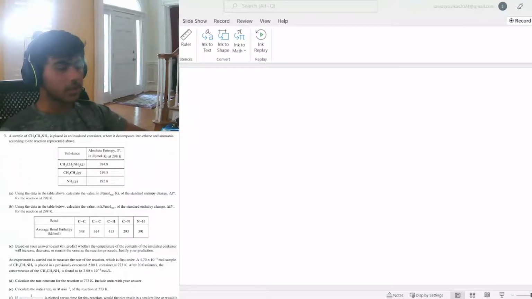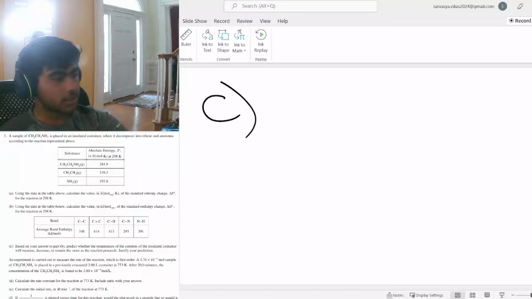Well, since the reaction is endothermic, we're basically sucking heat from the surroundings into the reaction. So the heat around is going to decrease, which means that the temperature is going to decrease. Right, so let's verbalize that.